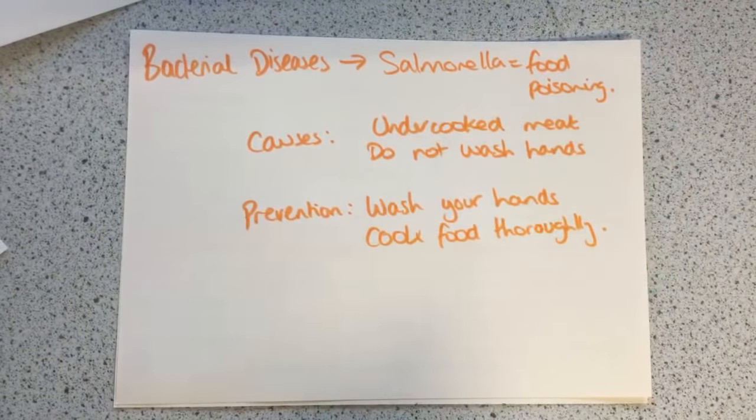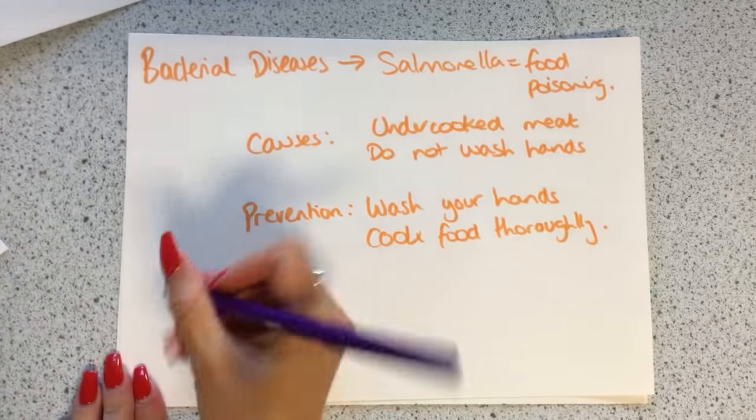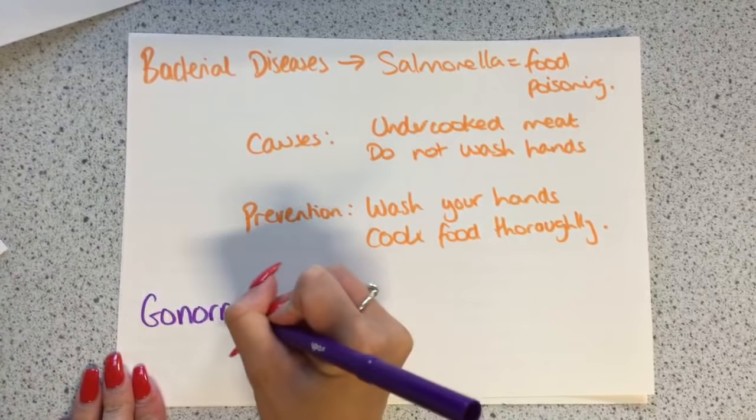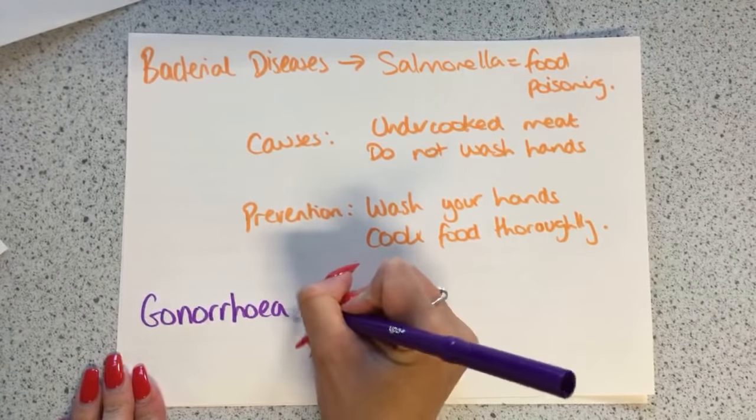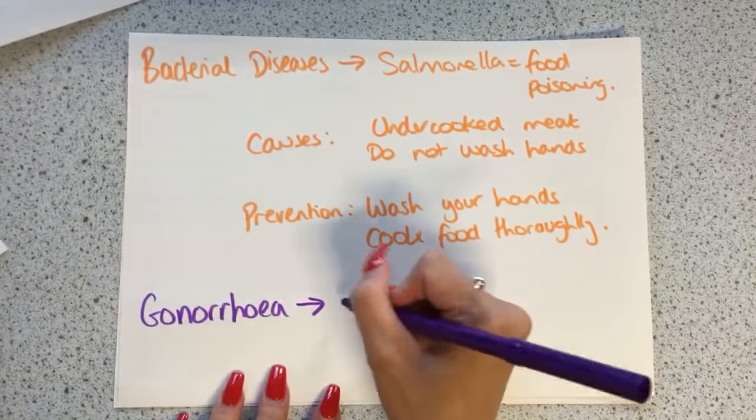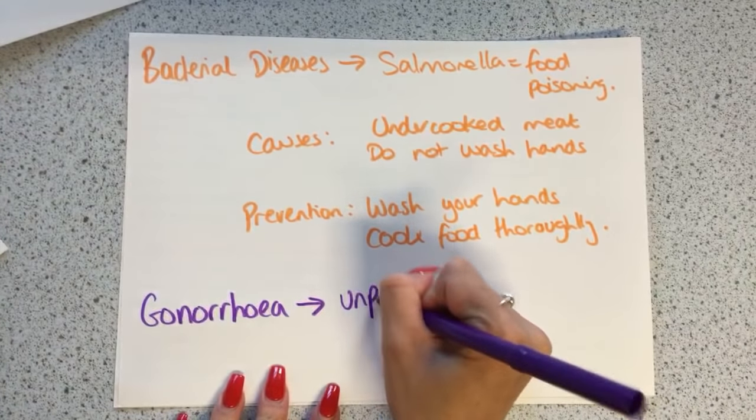Okay, and your second bacterial disease is gonorrhea. Miss, can you help with the spelling? G-O-N-O-R-R-H-O-E-A. Lovely, thank you. Okay, and obviously this is caught through sexual contact, so unprotected sex.